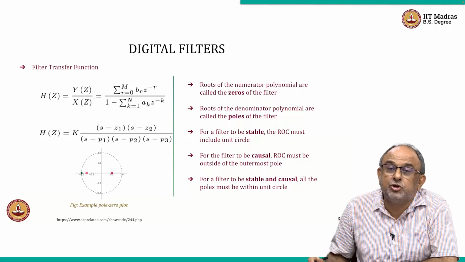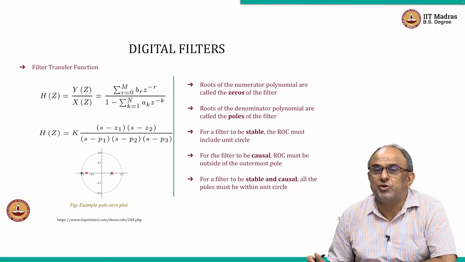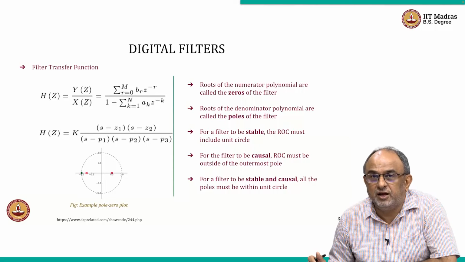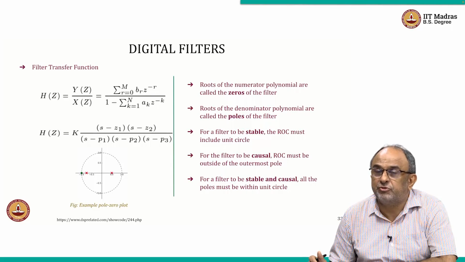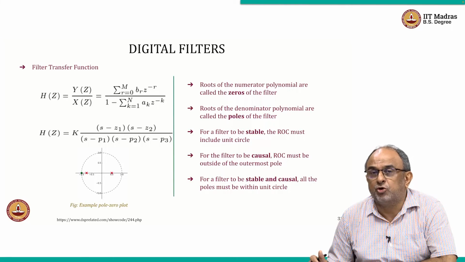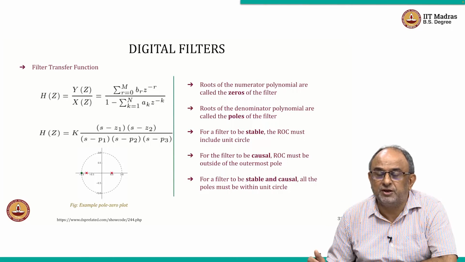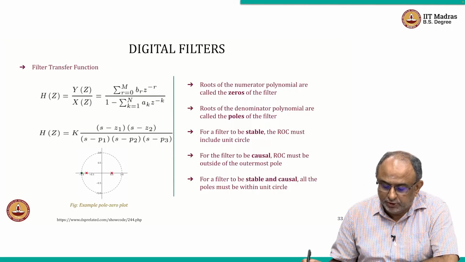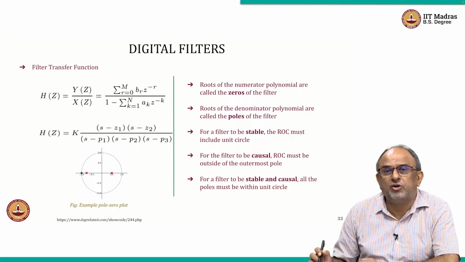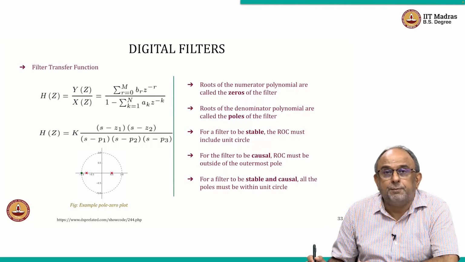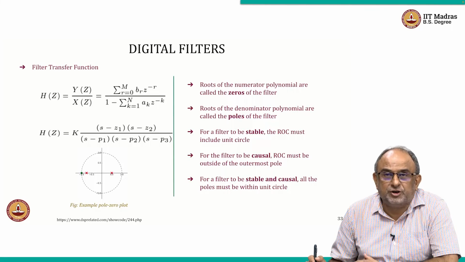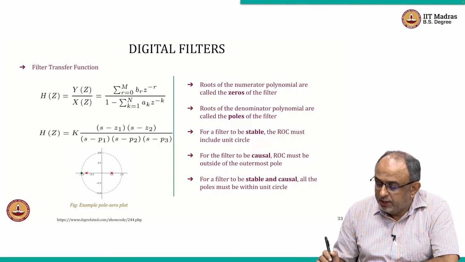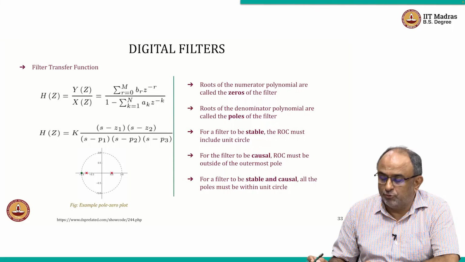So, that is why when you design systems, you have to worry about where the poles are, and make sure that we do not generate frequencies that are close to these poles, because otherwise the output can be disastrous. These are some terms that I am using, because in speech signal processing we will refer to these zeros and poles. At least you should have an idea of what these things are.